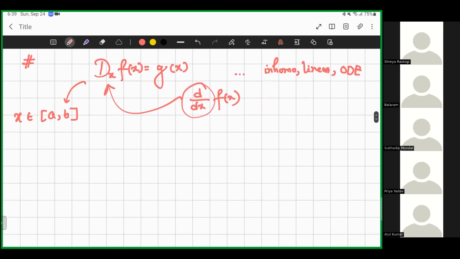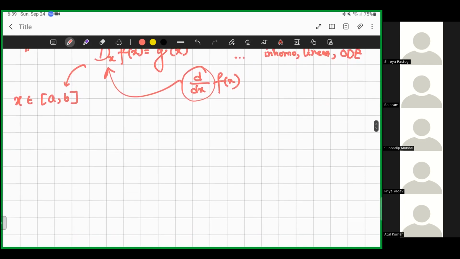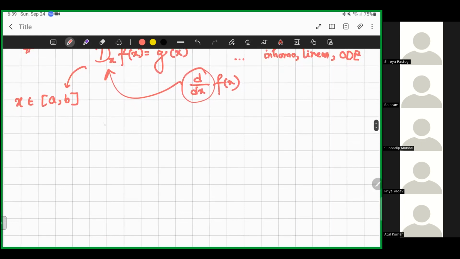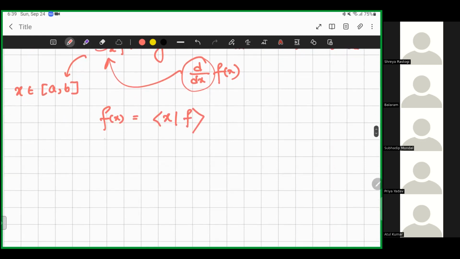Now, if we convert this equation into an abstract space, then we can write it like this. We know that f(x) is equal to <x|f>, where |f> is in the abstract space. Similarly, we can write g(x) equals <x|g>.